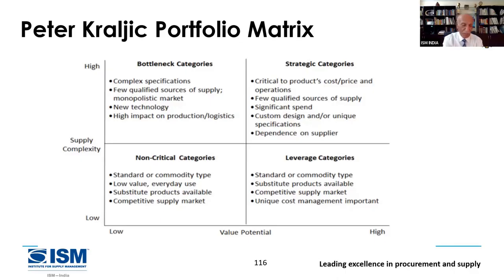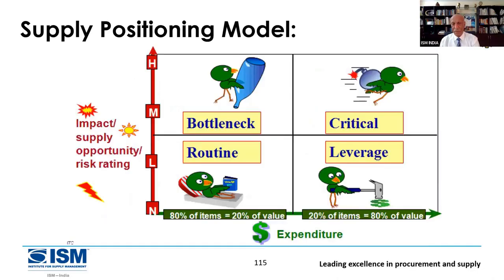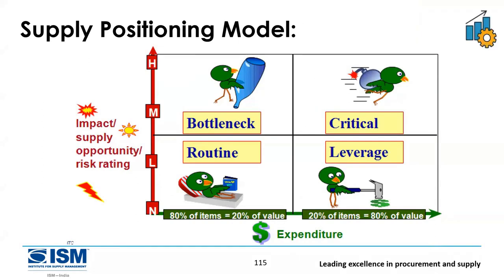Am I clear on this part, guys? And this is important. I don't want to rush through this until you understand. 80-20, everybody understood? Everybody clear, guys? Yes, sir. Thank you, everyone.